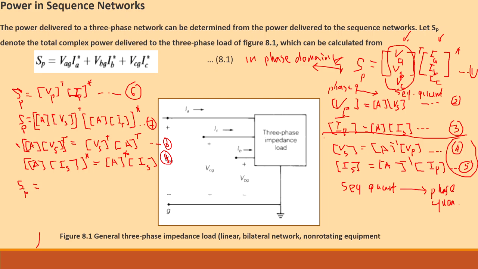S, the apparent power, is equal to Vs transpose multiplied by A transpose multiplied by A conjugate multiplied by Is conjugate.